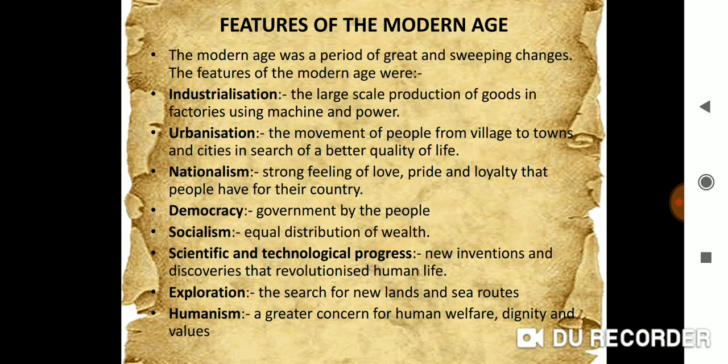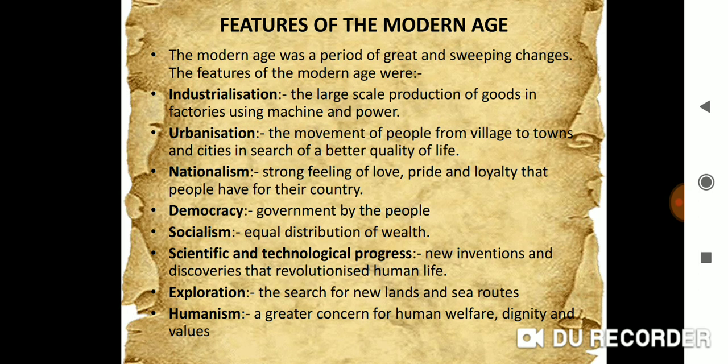So now we will discuss features of the modern age. The modern age was a period of great and sweeping changes. Some very important features are there for being a modern age.